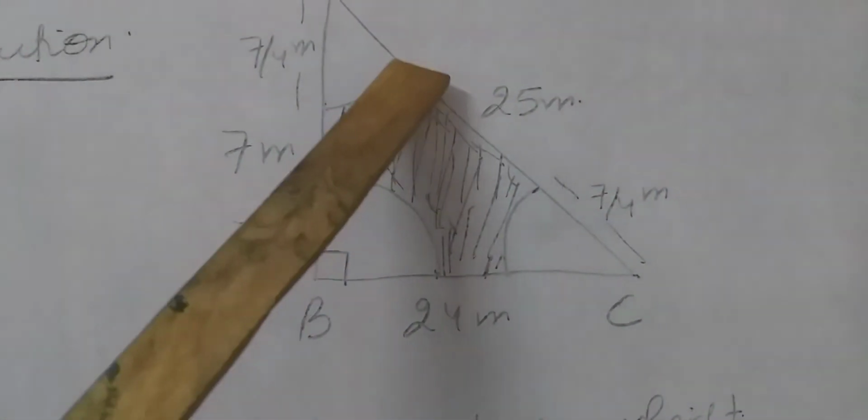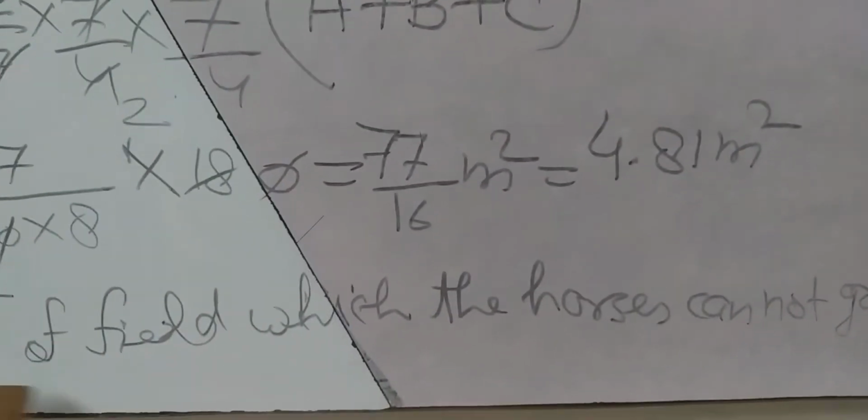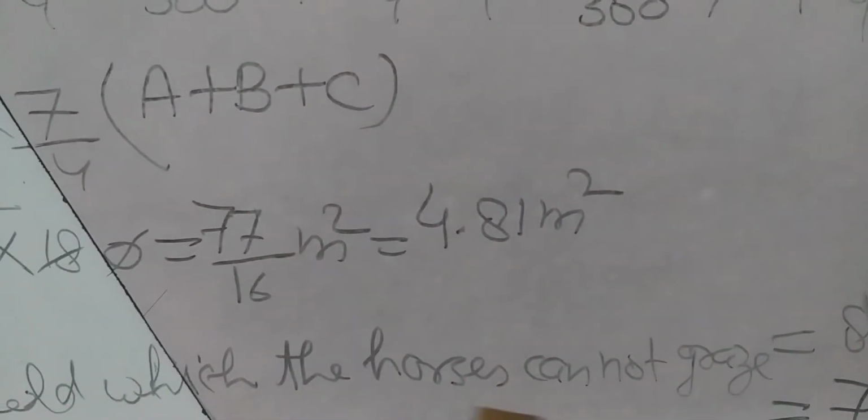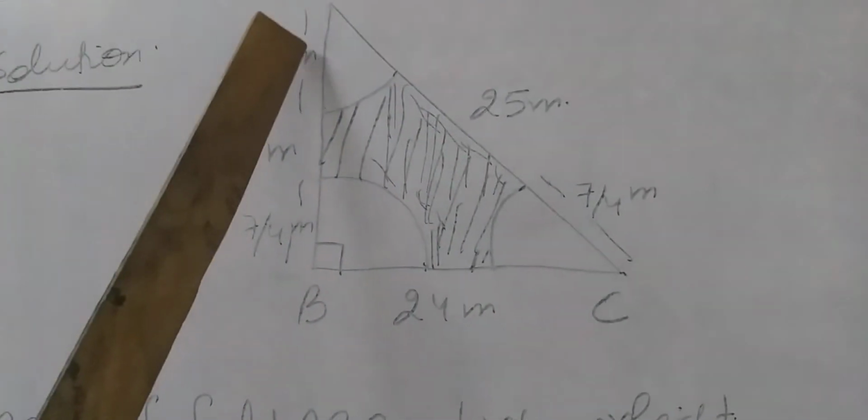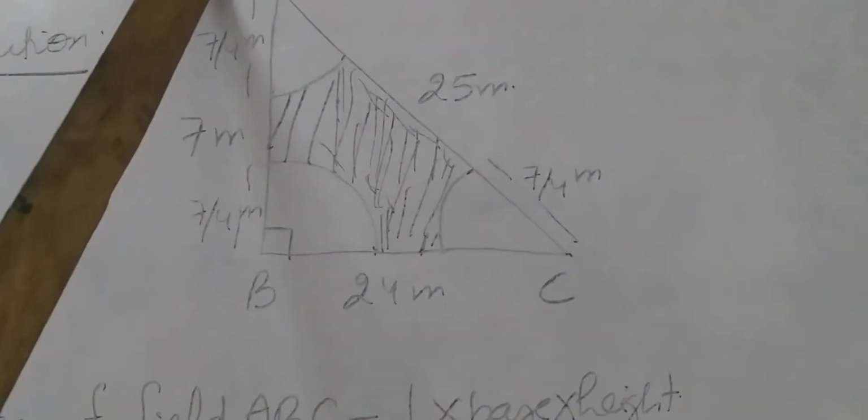But we have to calculate area of ungrazed portion. So area of field which the horses cannot graze equals, we have to subtract area of 3 sectors from the area of triangle.